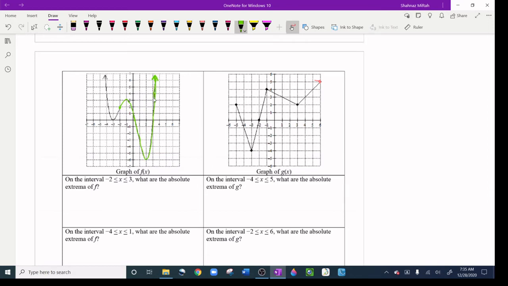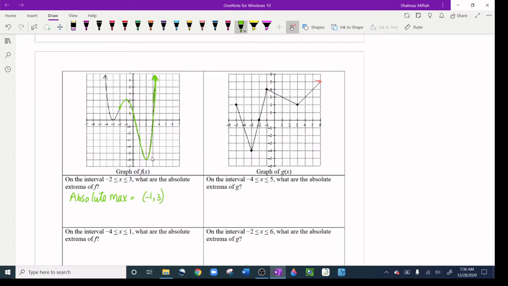So the greatest y value is 3. What is the x value for that? It's -1. So that's my absolute maximum, (-1, 3) as an ordered pair.